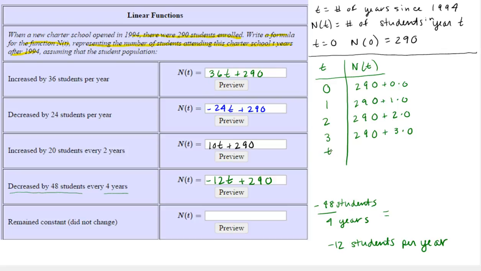And in the tth year, in year t, we'd have t years of 0 change. So notice, no matter what the input is, this will always be 0, and we get the formula n of t equals 290. Okay, so notice this equation does have a slope. The slope is just 0, and it cancels out, and we don't write it. So we have n of t equals 290.